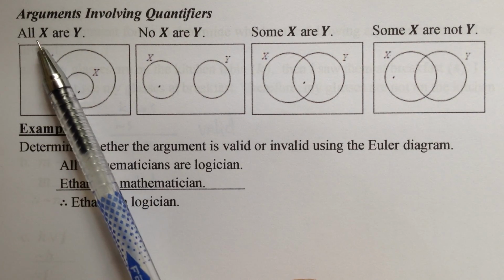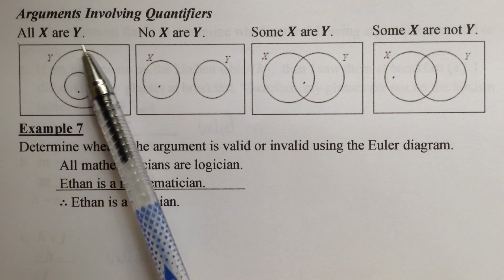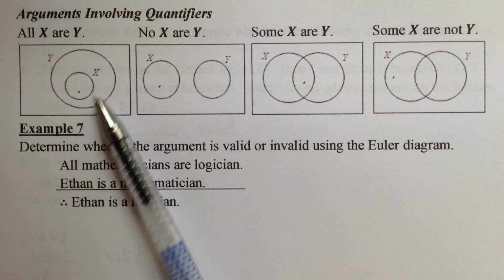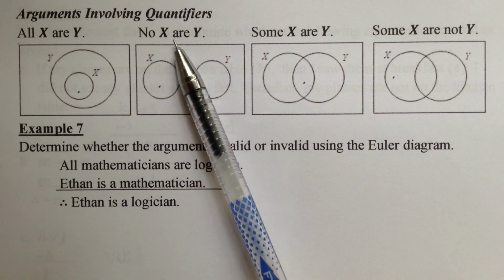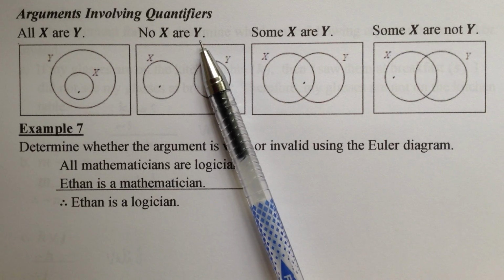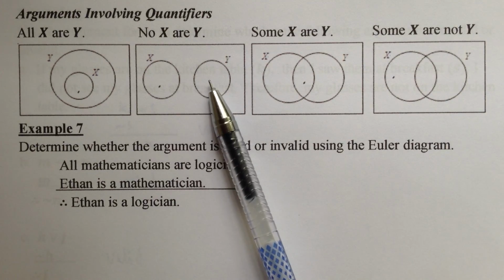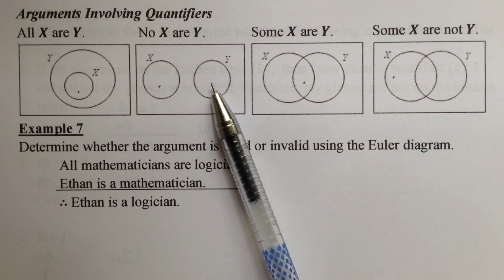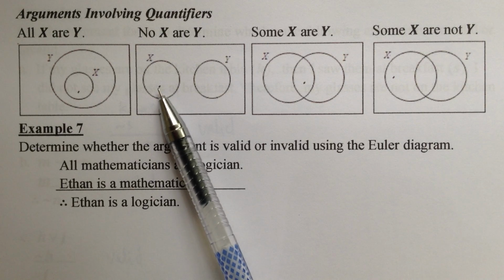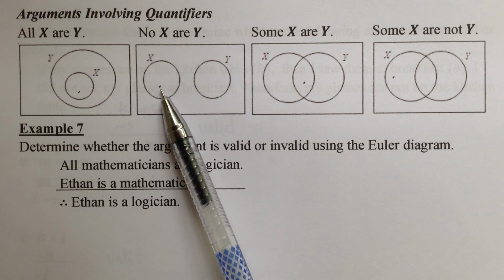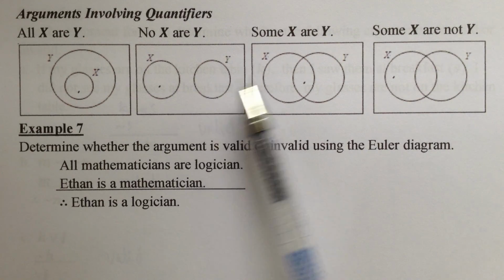Or you can also express that as every x is a y, same idea. Another statement is no x are y. It means that you have two sets which are disjoint. There's no intersection. In other words, a particular element of x is not found in y.